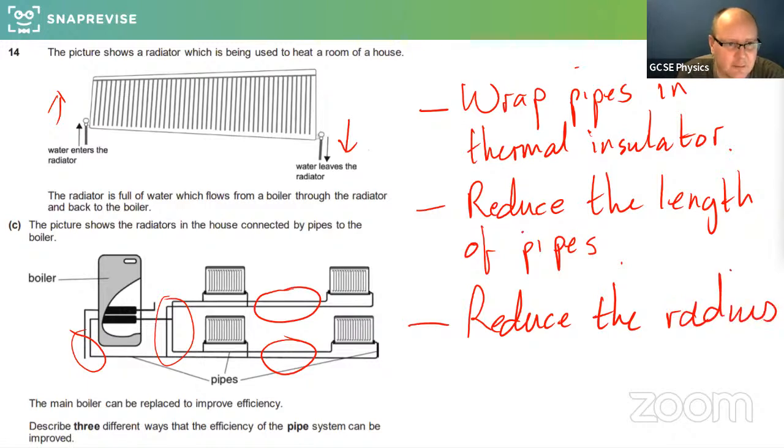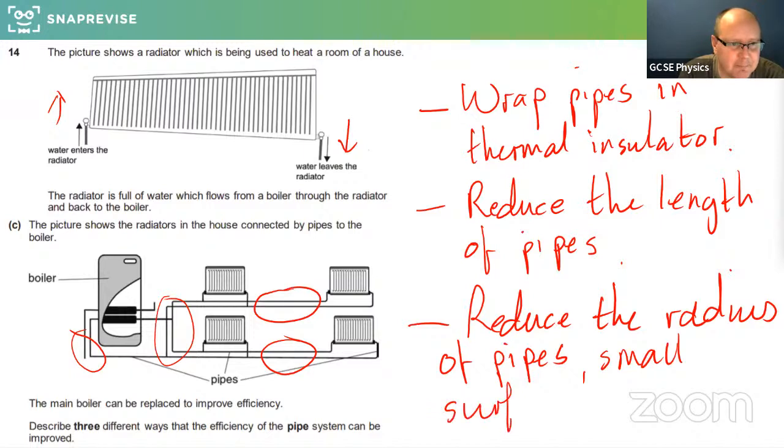If we reduce the radius of the pipes, that's going to give them a smaller surface area, which will therefore mean less heat can be radiated and lost into the surroundings or conducted by contact into the surroundings from the pipes. So we can wrap the pipes in insulation, we can reduce their length, or we could make the pipes narrower, reduce the radius, and give them a smaller surface area.